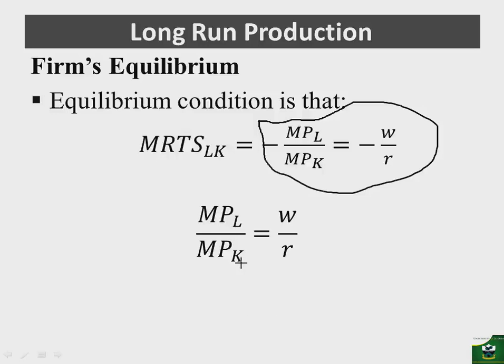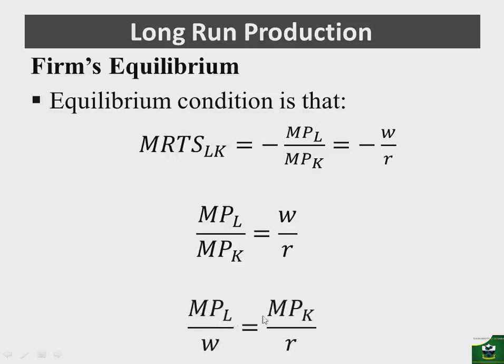Therefore, the condition for equilibrium is that the marginal product of labor divided by the marginal product of capital must be equal to the wage divided by the rent. Or simply put, the marginal product of labor divided by the wage must be equal to the marginal product of capital divided by the rental price of capital.